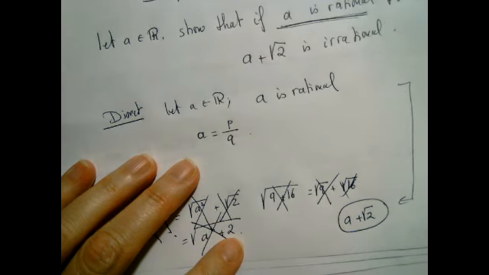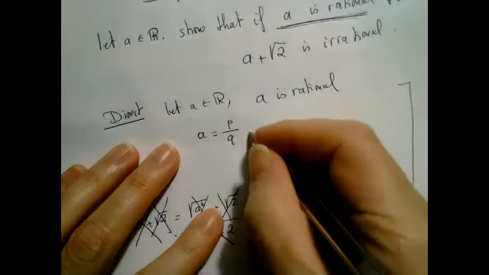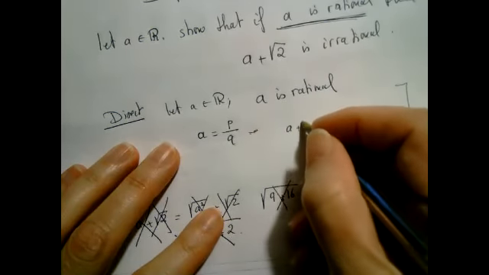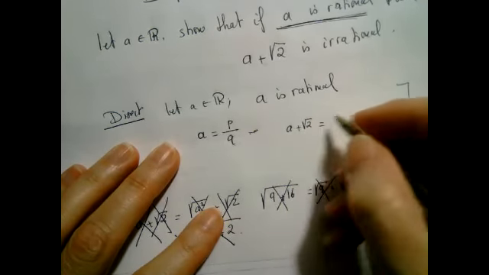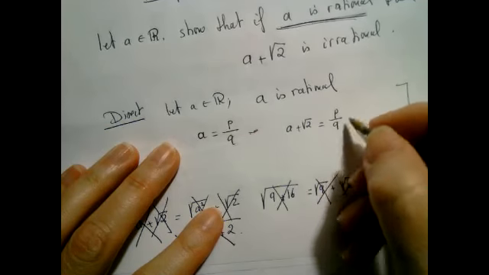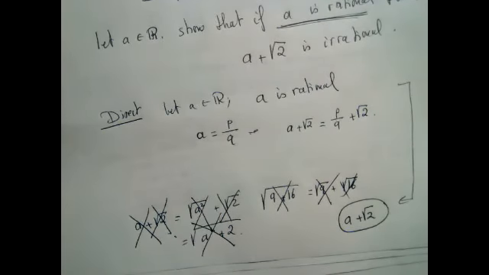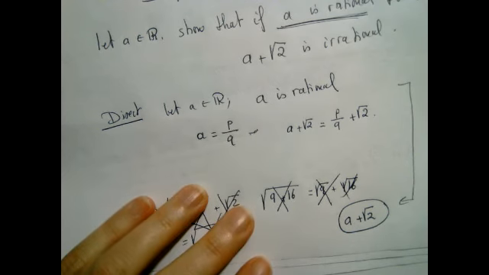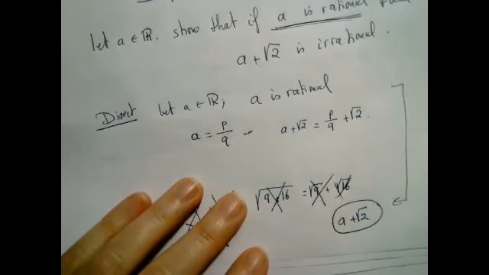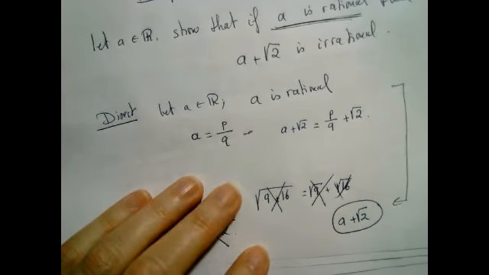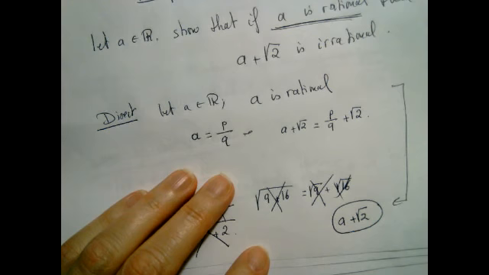Anybody? So if I start and I go to A plus square root of 2, what will I get? P over Q plus square root of 2. Because you'll never be able to express square root of 2 as a rational number, you're never going to get it to be a rational number.